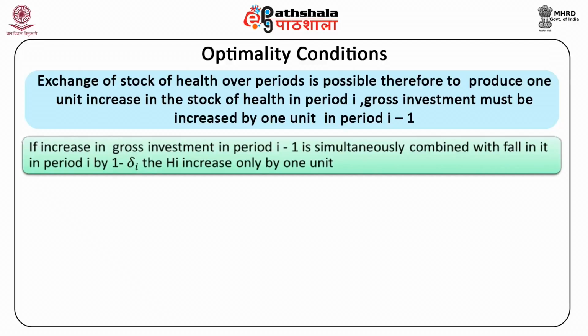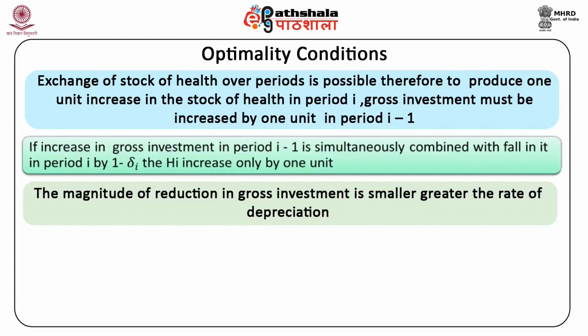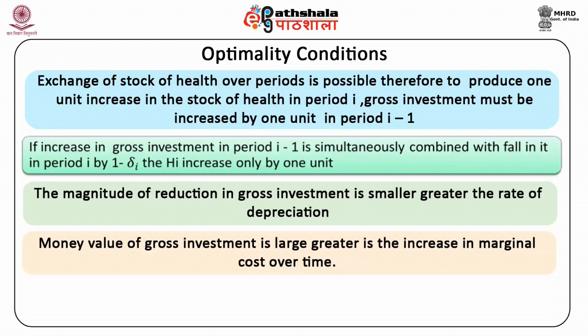If increase in gross investment in period i minus 1 is simultaneously combined with fall in it in period i by 1 minus delta i, the Hi increases only by 1 unit. The magnitude of reduction in gross investment is smaller, the greater the rate of depreciation. Money value of gross investment is large, the greater is the increase in marginal cost over time.